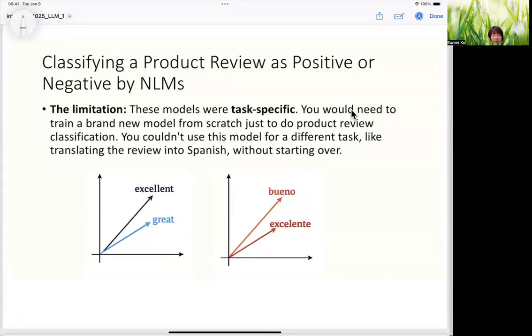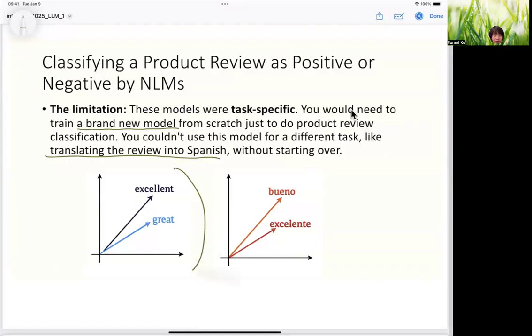Now, again, the limitation is that it cannot be recycled for another purpose or other text. You'd need to train a brand new model from scratch just to do product review classification, and then another for translating the reviews into Spanish.